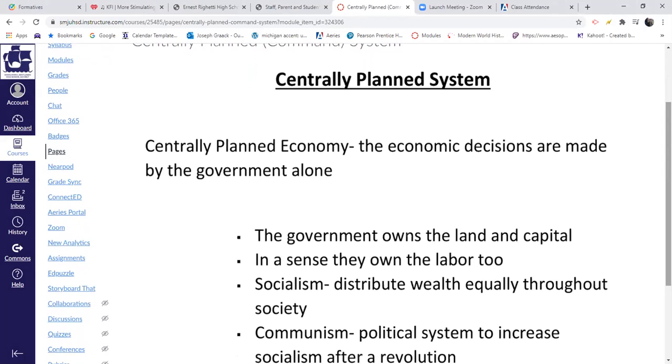So in a centrally planned economic system, the government owns the land and capital. In a sense, they own the labor too, because generally they take citizens and assign them certain jobs, give them certain civil servant exams, things like that, and determine where they're going to go.